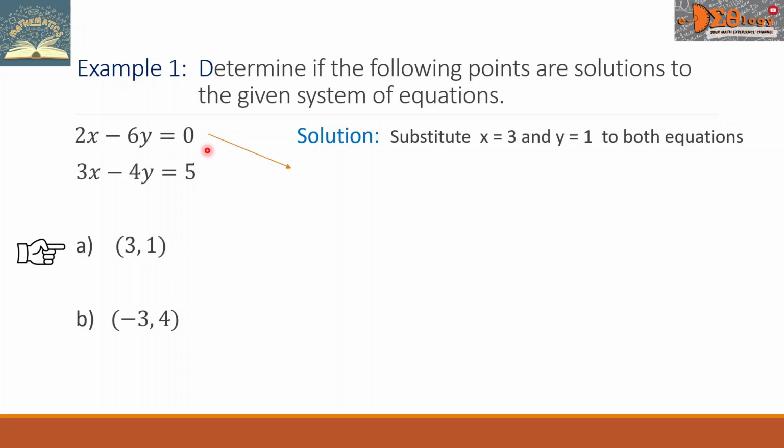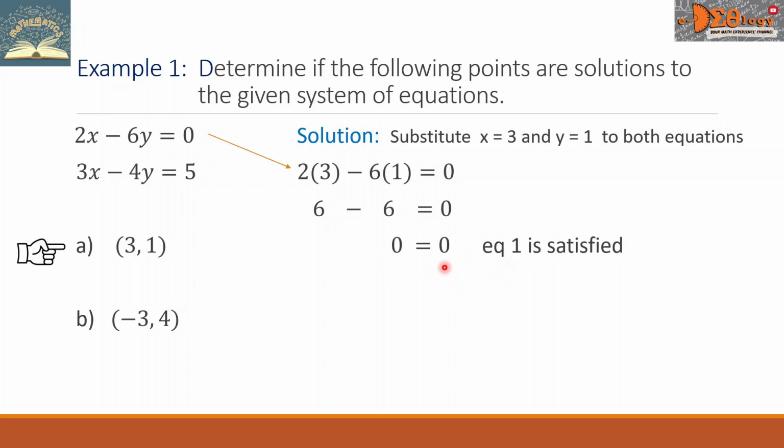Let's begin with the first equation. 2x minus 6y equals 0. Upon substituting, we have 2 times 3 minus 6 times 1 equals 0. 2 times 3 is 6 minus 6 times 1 is 6 equals 0. 6 minus 6 is 0 equals 0. So equation 1 is satisfied. What about equation 2? 3x minus 4y equals 5.